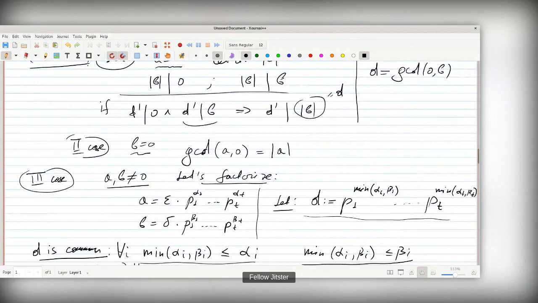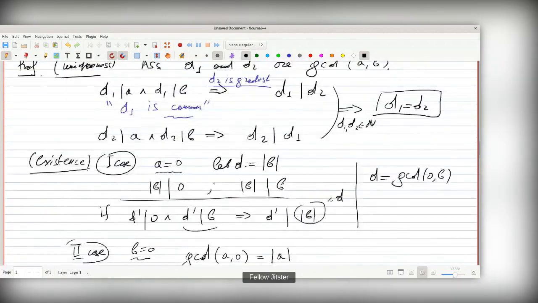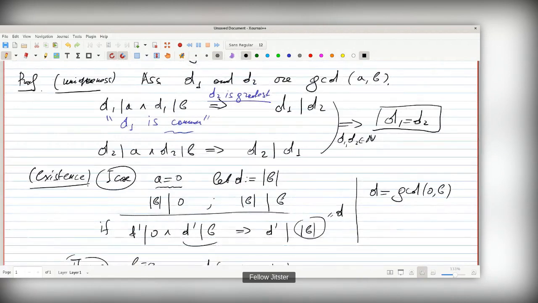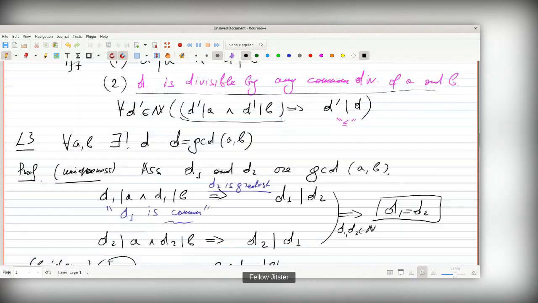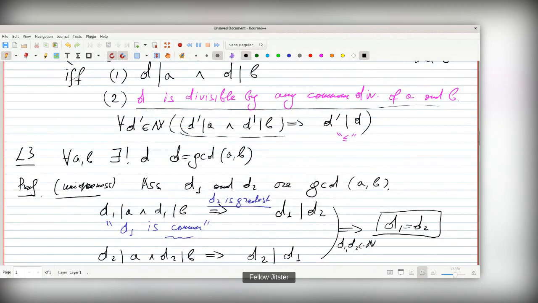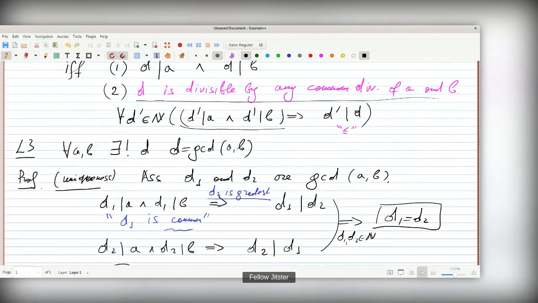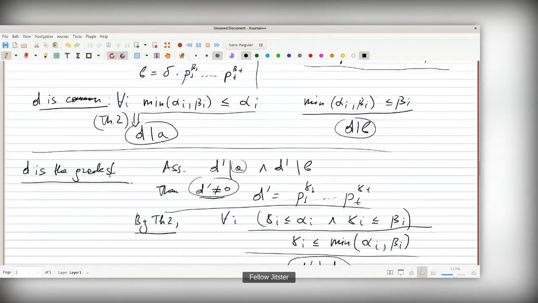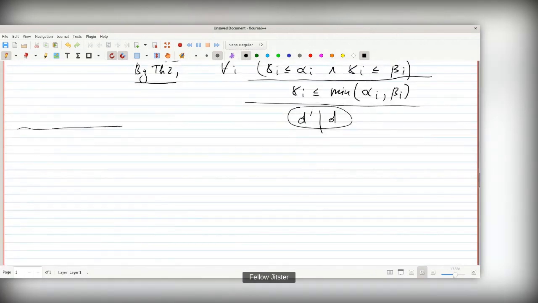Okay, that's all. We have constructed a number which is the greatest common divisor according to our definition. Likewise, we have a computational way to obtain such a number given a factorization is known. In fact, this assumption is very important because in general it is hard to obtain a factorization, but for small numbers it is not that hard, and now we can try computing the greatest common divisor.